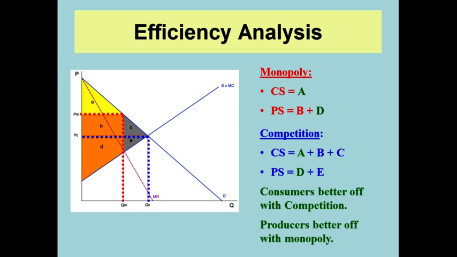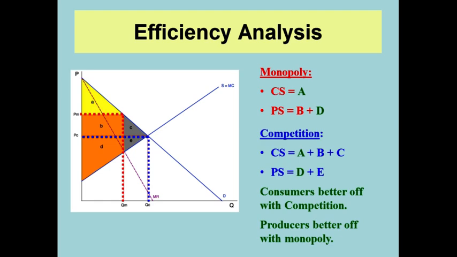In both cases, they get area D. But as a monopolist, they capture B, but not E. And as a competitive firm, they capture E, but not B. So again, it's not as striking as the difference for consumers, but here we see that firms would be a little better off as monopolists. But it's clear that consumers are worse off when it's a monopolist.